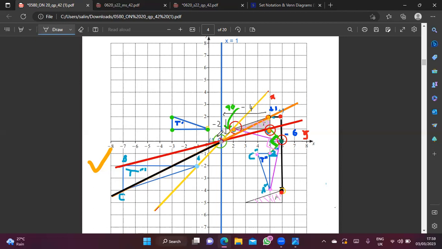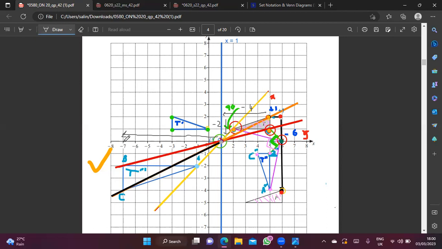So you go minus 1, 2, 3, 4, 5, 6, 7, 8. Check, because it's not from 0, it's actually from x equals 1. So you count 1, 2, 3, 4, 5, 6, 7, 8. Now going down, double of minus 2 will be minus 4.